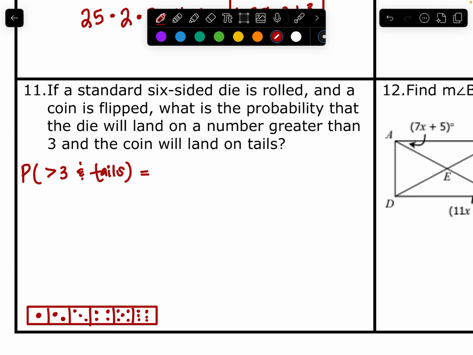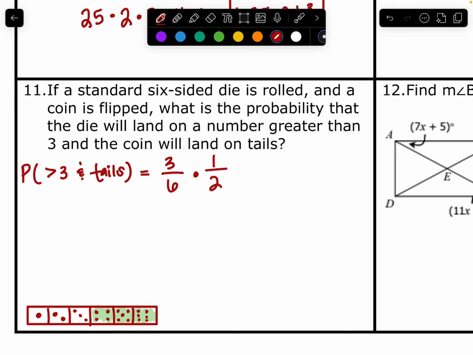So pretend that's obviously the 6 sides of a die, and we want numbers greater than 3. So 4 is greater than 3, 5 is greater than 3, 6 is greater than 3. So 3 of them are greater than 3. How many total sides are there? There are 6. Now for tails, on a coin, there's heads and there's tails.